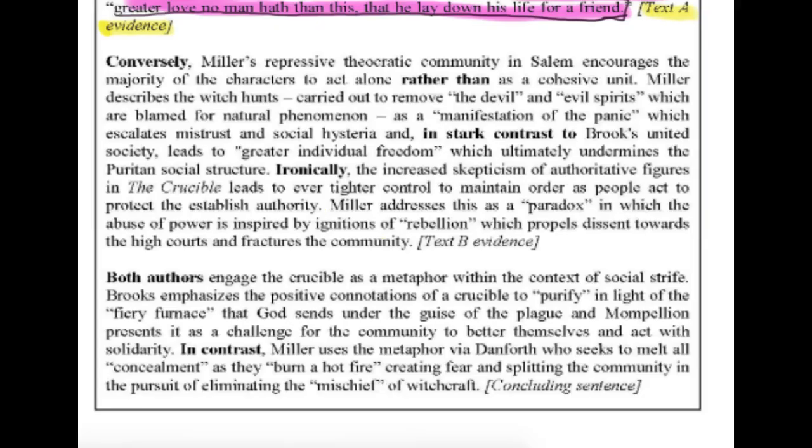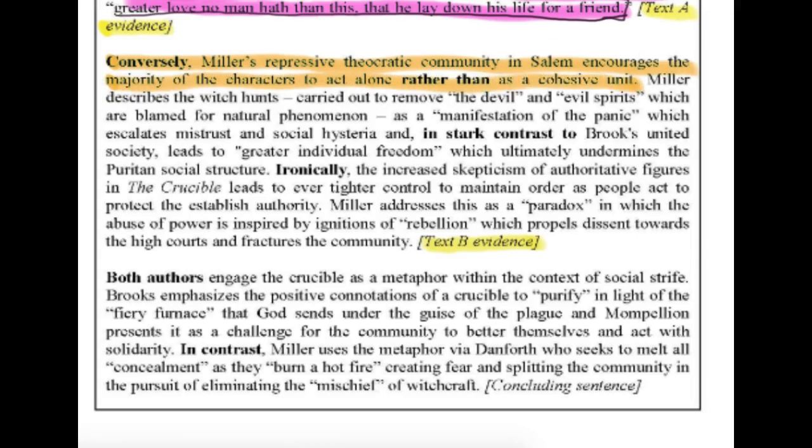So moving further down this paragraph, the next part of this paragraph is to give the evidence for text B, and we will do the same thing. First of all, we give the statement of how the author is demonstrating the topic sentence.